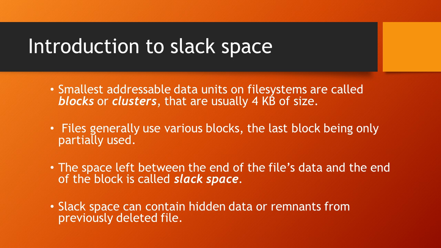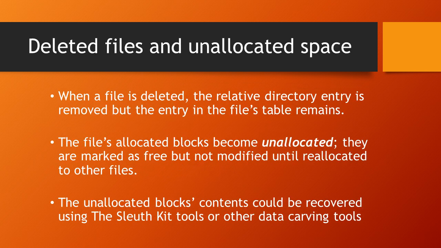Indeed, when a file is deleted, the relative directory entry is removed, but for example the master file table entry on Windows and the inodes on Linux still remain. Also, its allocated blocks remain intact but are marked as free, not used, and can be allocated to another file. These blocks are part of the so-called unallocated space.